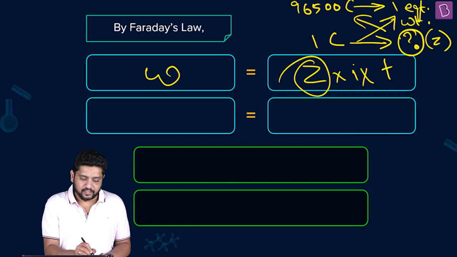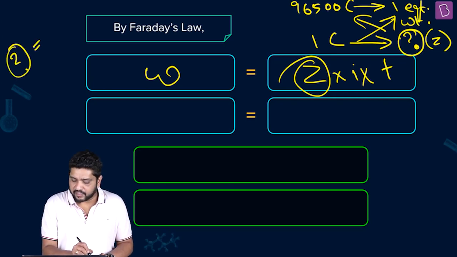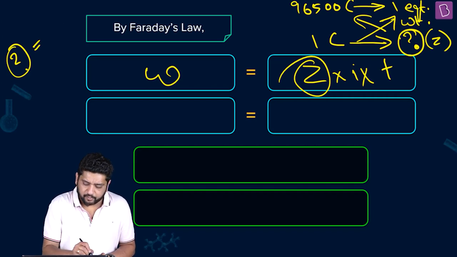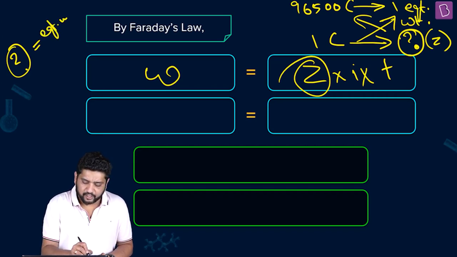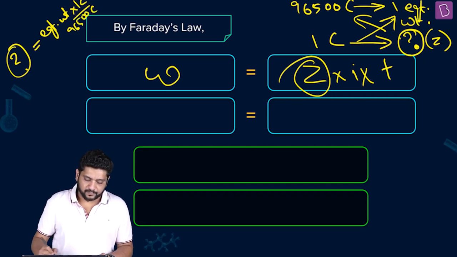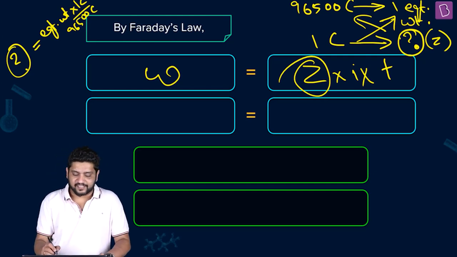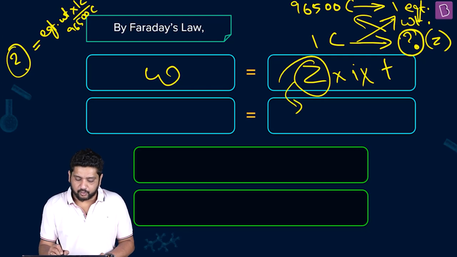We are trying to calculate this question mark, so question mark is equal to equivalent weight into 1 coulomb divided by 96500 coulomb, right? So the electrochemical equivalent that we are speaking about, this Z, is going to be equal to equivalent weight divided by 1 Faraday.